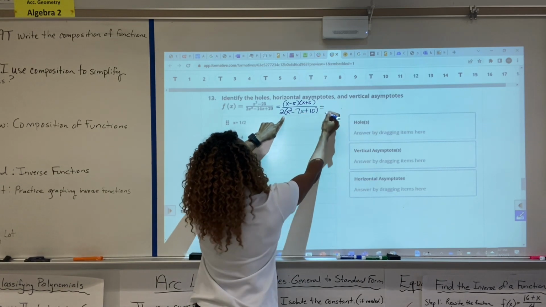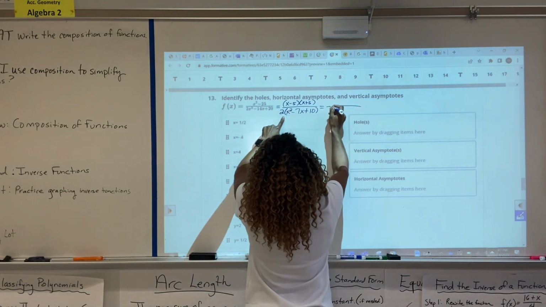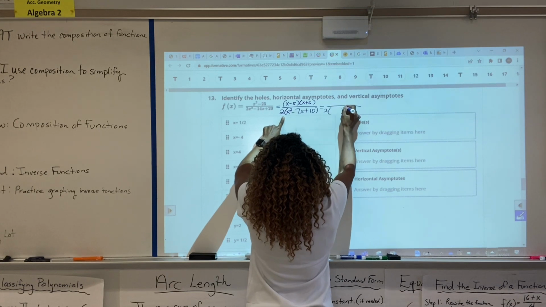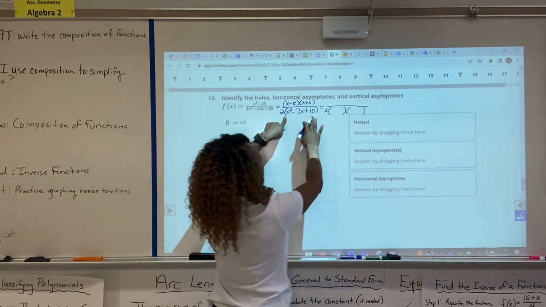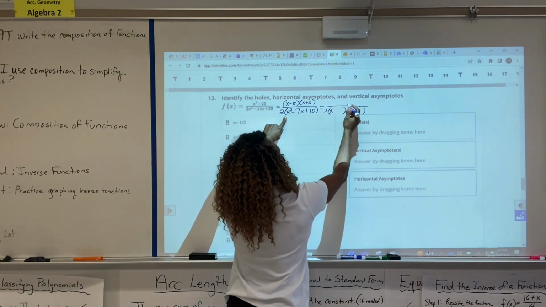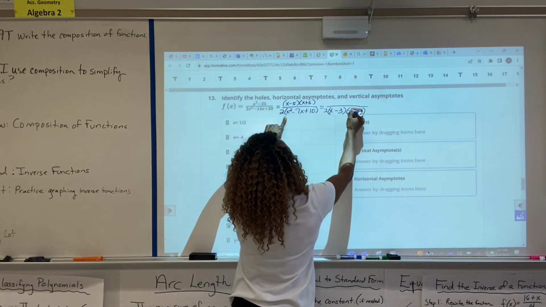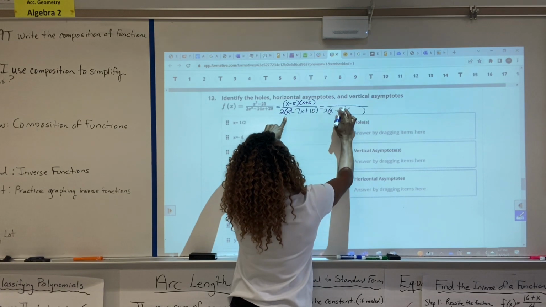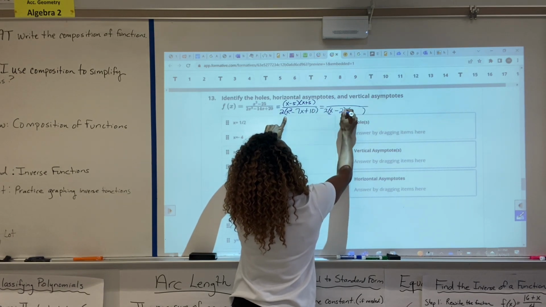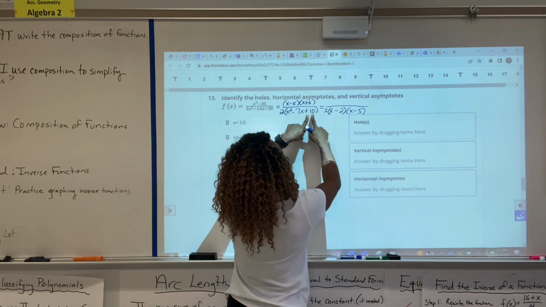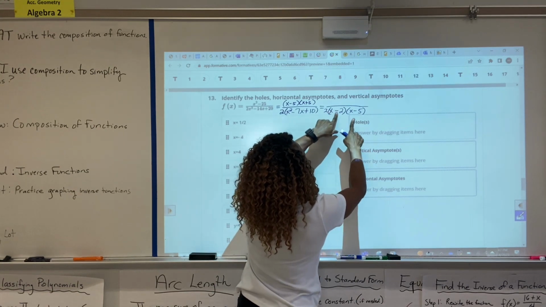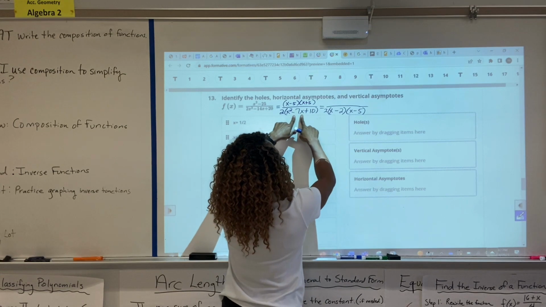This can be rewritten as, I've got my 2, but I can break up this quadratic in the parentheses as x minus 2 and x minus 5. Because a negative 2 times a negative 5 is a positive 10, but when I add negative 2 and negative 5, I get negative 7.